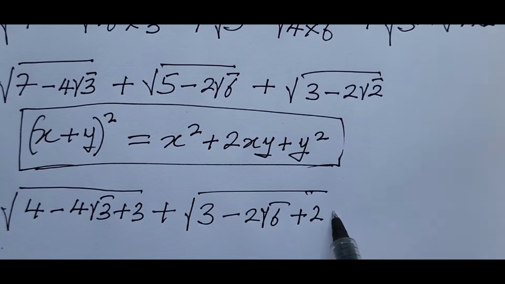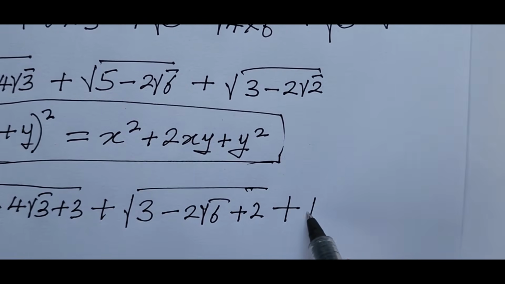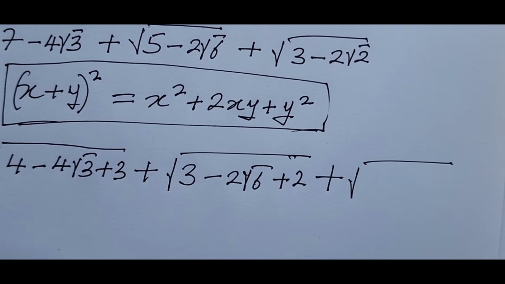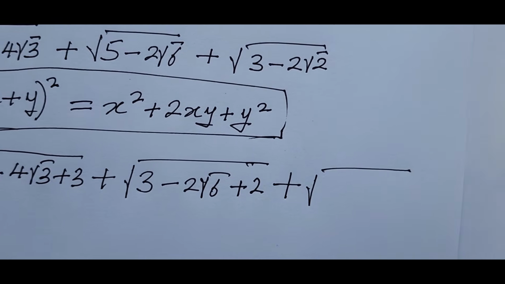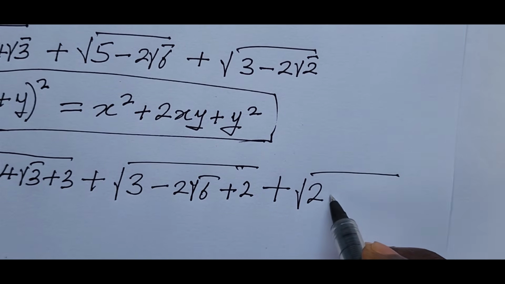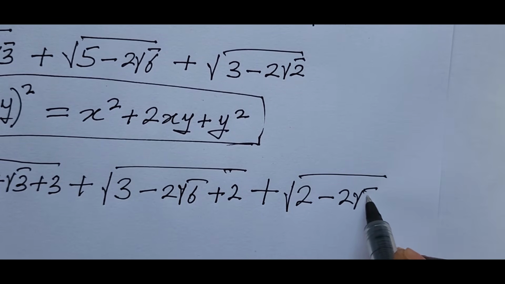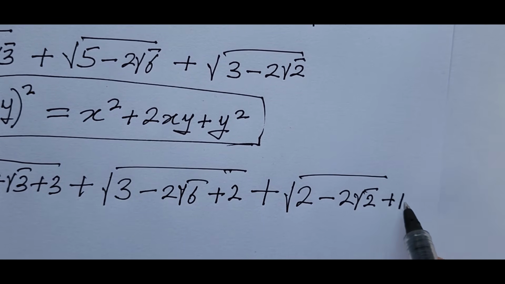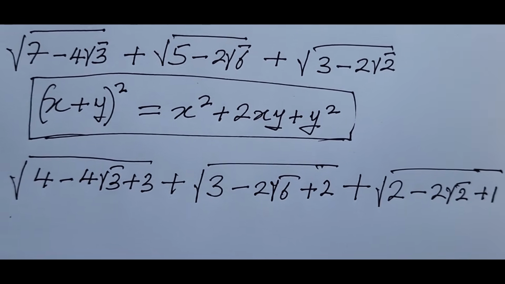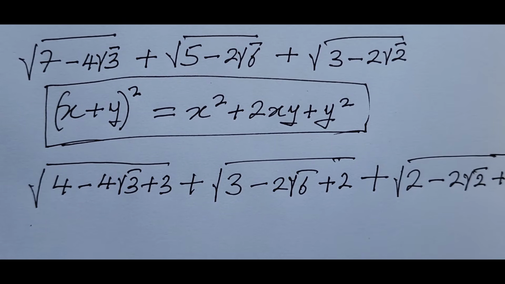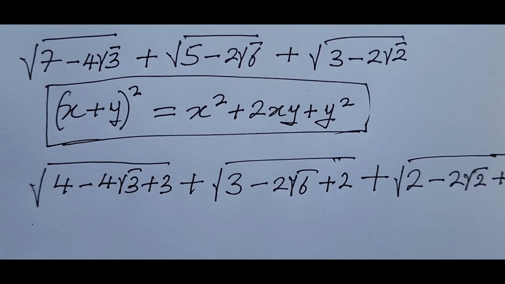Then the last one, which is our 3, can also be rewritten as 2 plus 1, right? So we have here 2 minus 2 root 2, plus 1. Again, I made a video on how to get the figures to add up, so I don't want to waste much time on that part again.